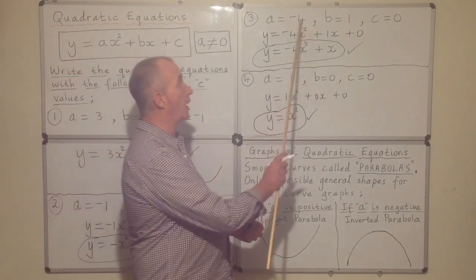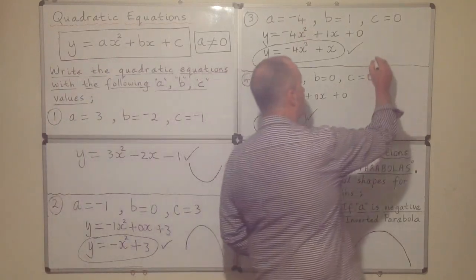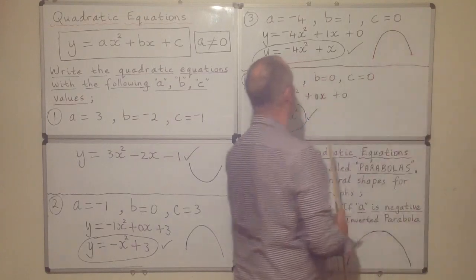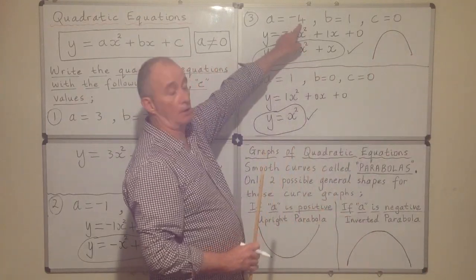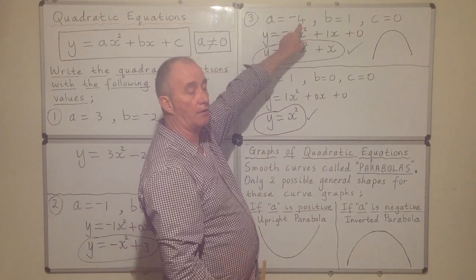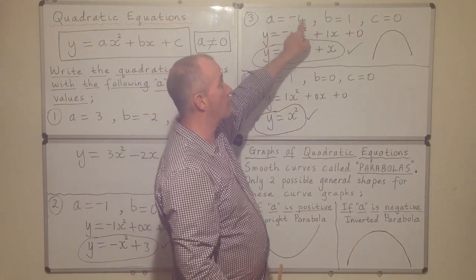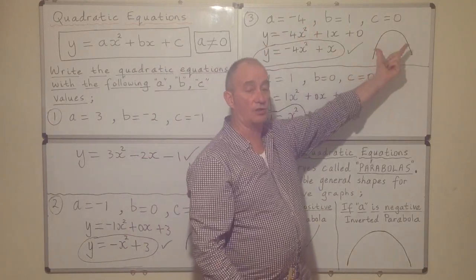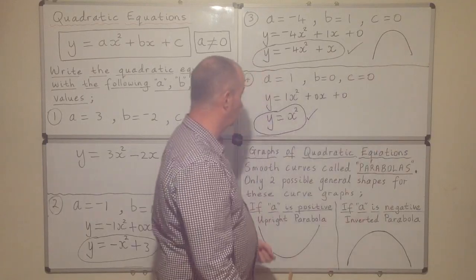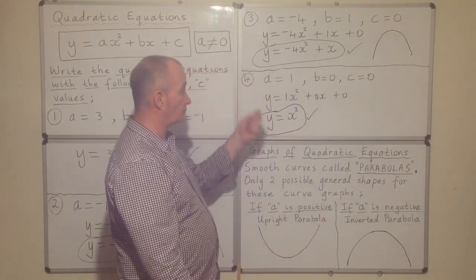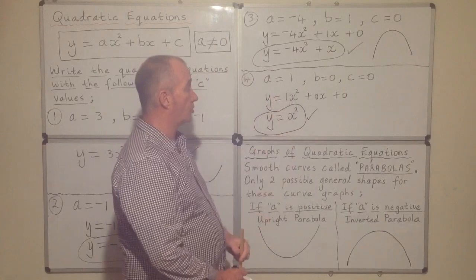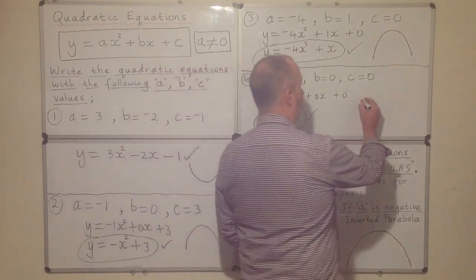Question 3, the a value is negative, so it would be an inverted parabola. But as I said, because the size of the a value there is the highest out of these 4 questions, this parabola curve would be the skinniest one. Question 4, the a value is positive, so it would be an upright parabola.